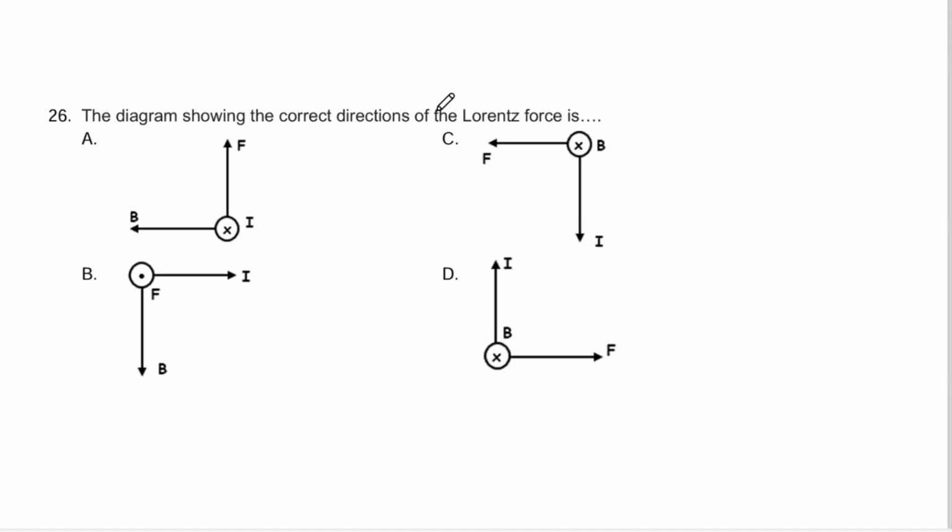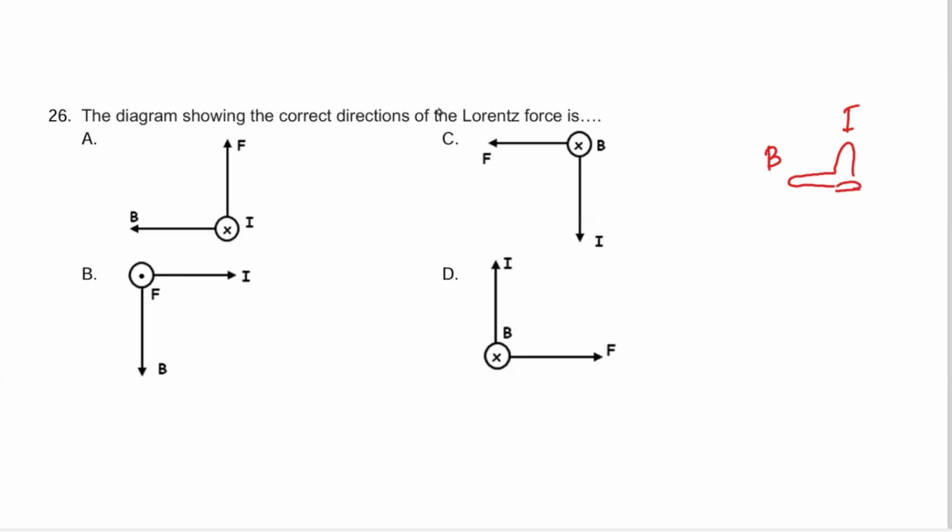All of them are perpendicular, and it must follow the directions of F, B, and I. So if this is your thumb, it tells us the direction of I, and your four fingers tell you the direction of B.